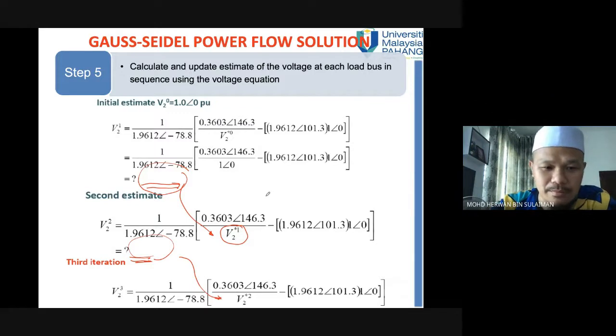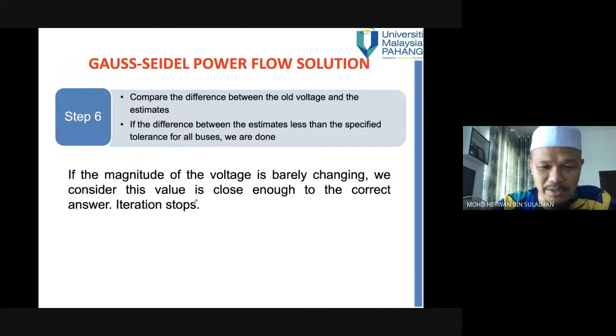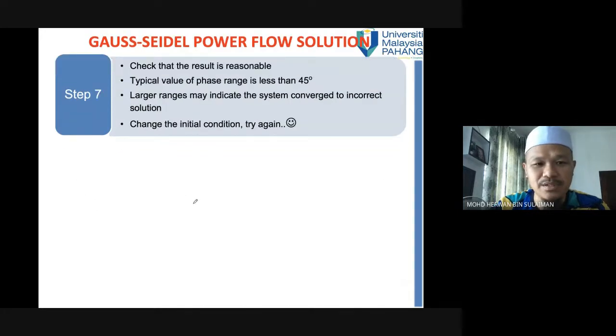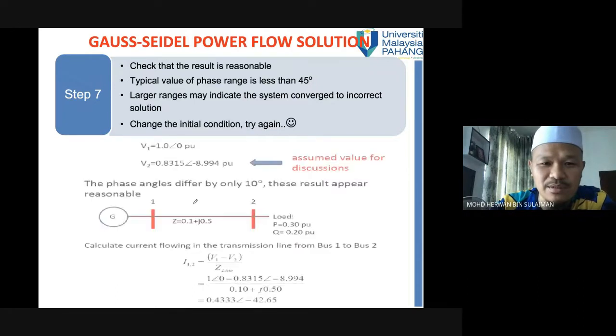Iteratively, your result will be carried forward to the next iteration, and then you compare. Sometimes the question will state how many iterations. Then check the results; a typical value for the phase angle is less than 45 degrees.